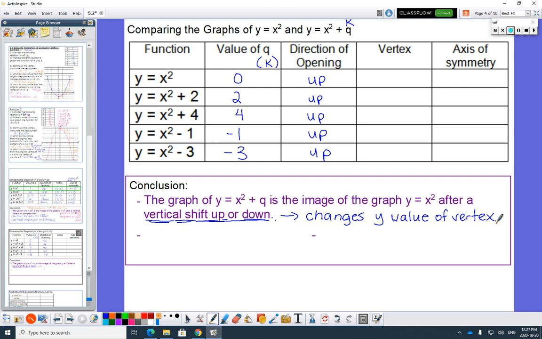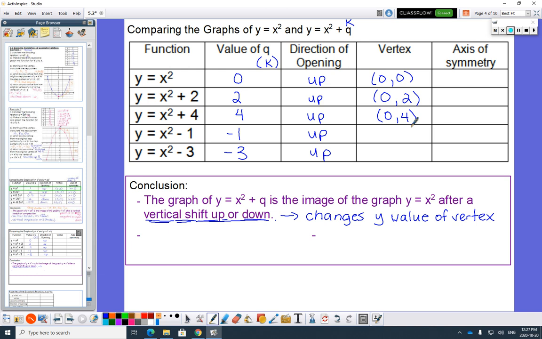So you always go from 0, 0. That's the base one. And then if it's a positive 2 for K or Q, then you would be vertically shifting up 2 units. So the new vertex would be 0, 2. The positive 4 means 0, 4.